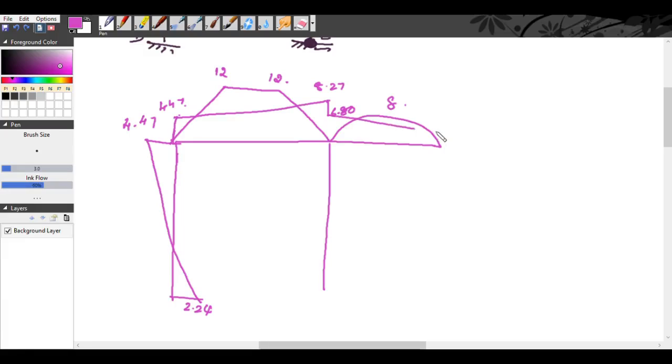So fixed support, right? So you get 4.60. Here it is 1.47 and this is hinged. So here you get 0. It is 0 here, right? Straight line meeting at 0.